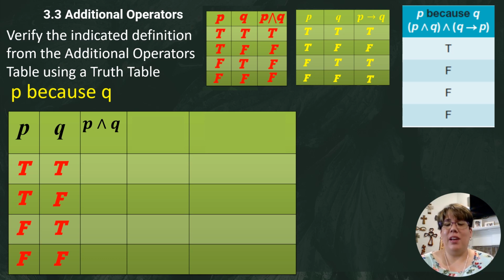What I've done for you is I have given you the and chart, the implies conditional chart, and then I just took a snip of the P because Q part of that additional operators chart. Let me walk you through how you would actually do this problem in your homework.